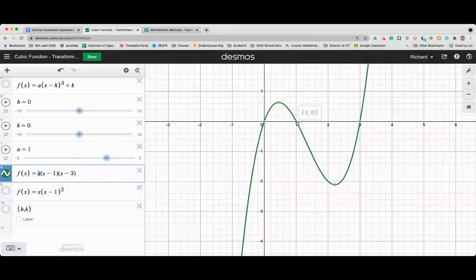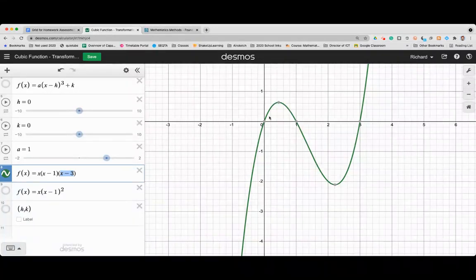We've got another x-intercept here, which is at 1, which is the solution for when x minus 1 equals 0. And we've got another x-intercept, or zero, here at 3, which is the solution to x minus 3 equals 0. Therefore, x equals 3.